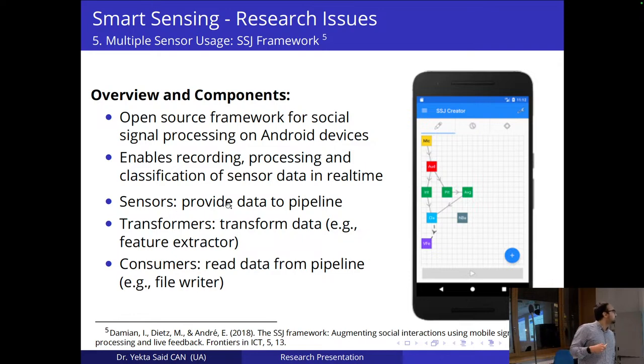But in our chair, the SSJ framework, which is an open source framework for signal processing on Android devices, is developed. It enables recording, processing, and classification of multiple sensor data in real time. So you can use a lot of sensors, and you can record the data, transform the data, extract some features, and then save the data in files.